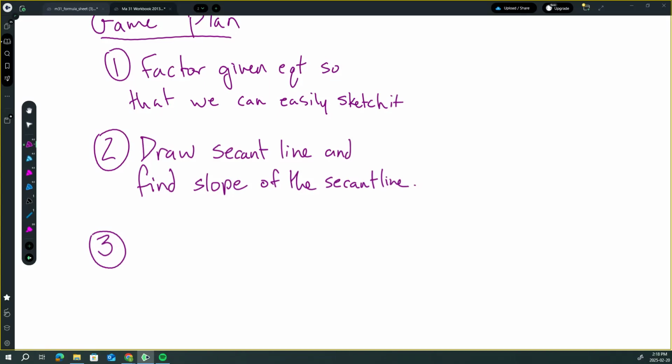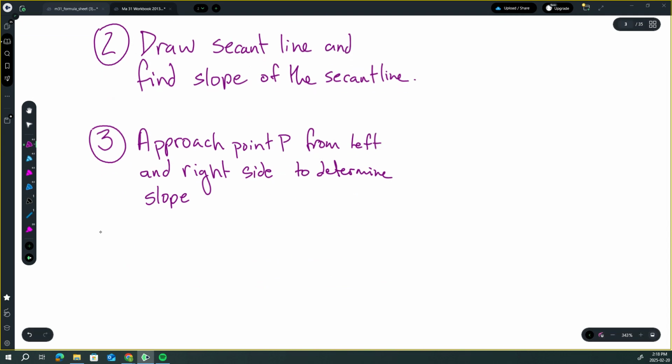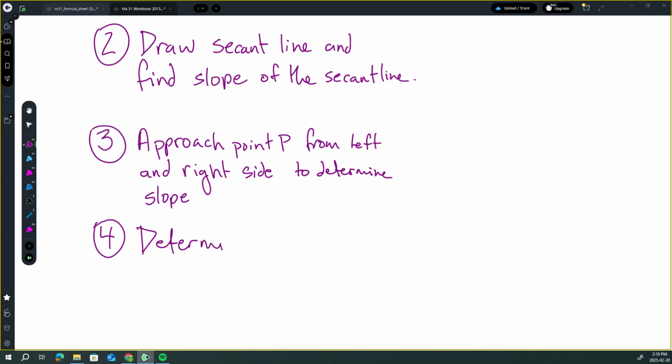And then step 4 is we're actually going to determine the slope. So point P, remember, is where your tangent line touches the curve. Determine slope.